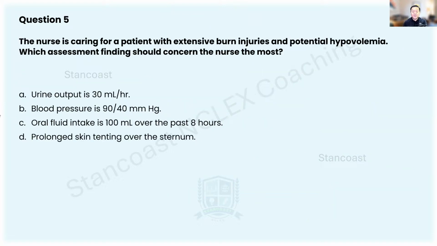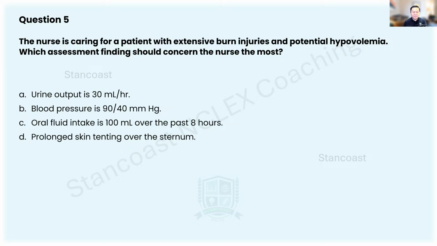The nurse is caring for a patient with extensive burn injuries and potential hypovolemia. Which assessment findings should concern the nurse the most? Is it A, urine output is 30 mL per hour, B, blood pressure is 90/40 mmHg, C, oral fluid intake is 100 mL over the past 8 hours, and D, prolonged skin tenting over the sternum?